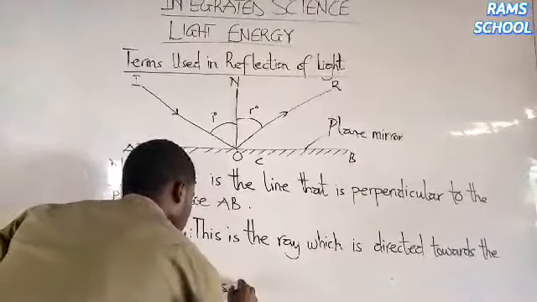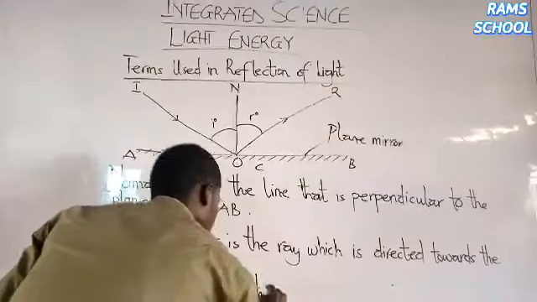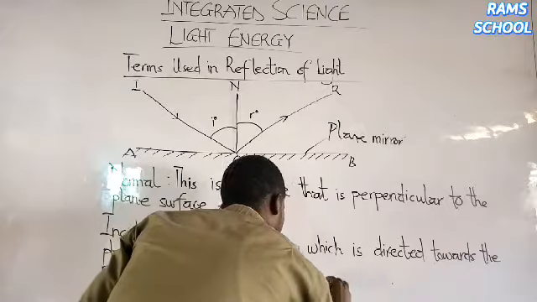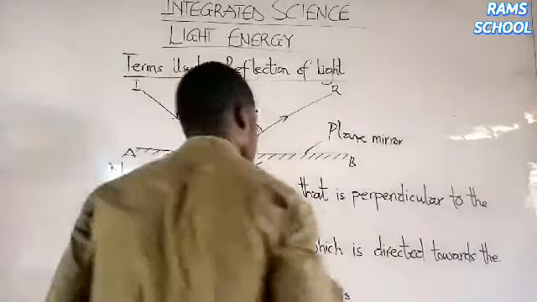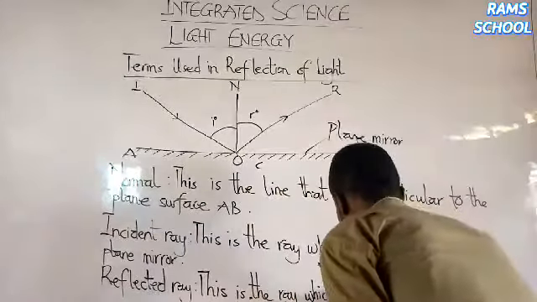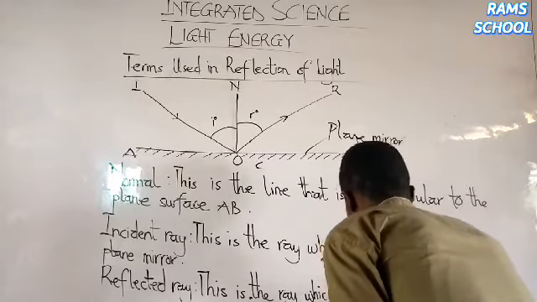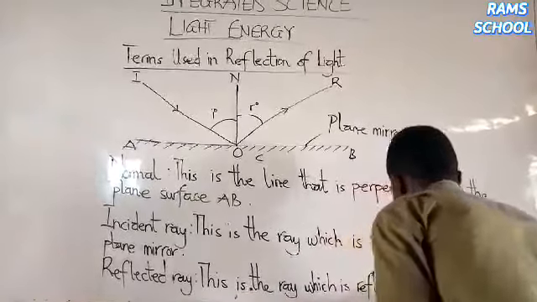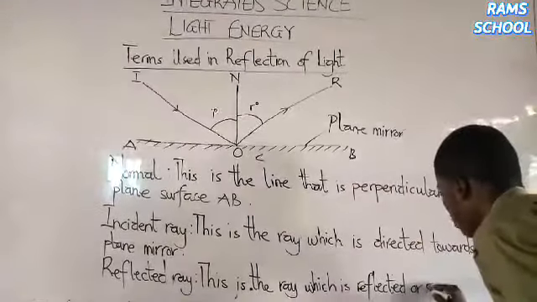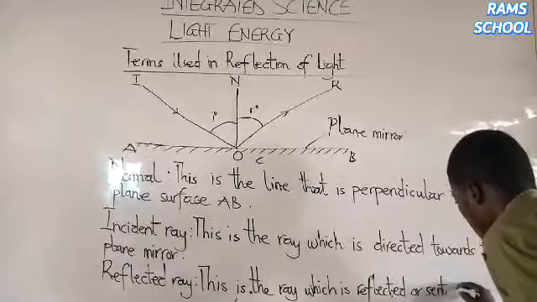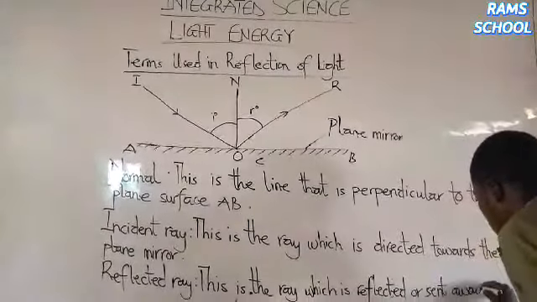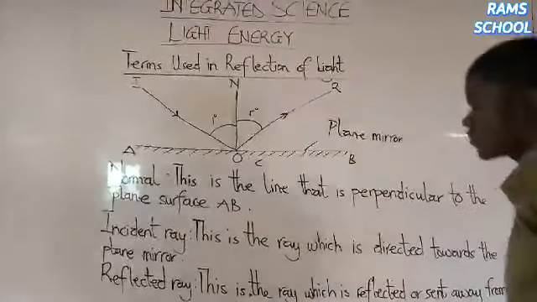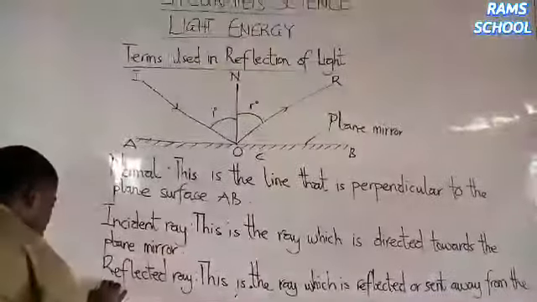So the reflected ray, this is the ray which is reflected, or sent away, from the plane surface.